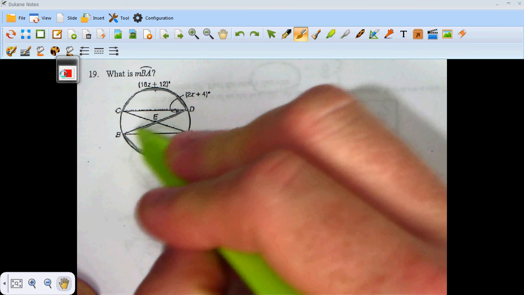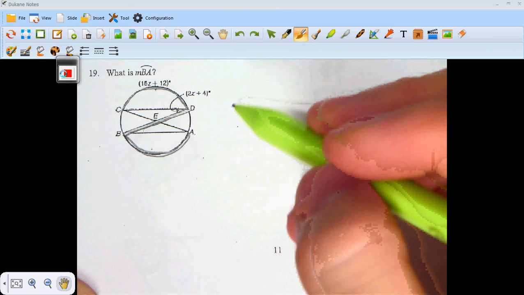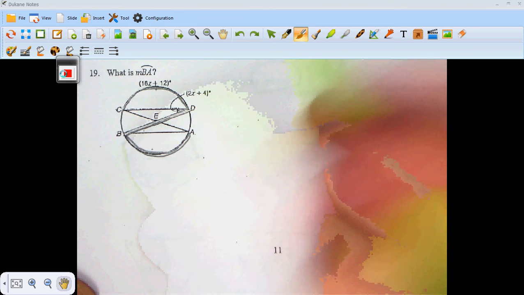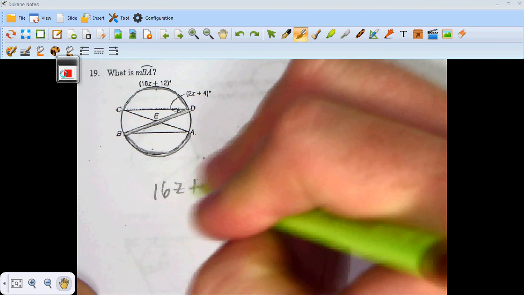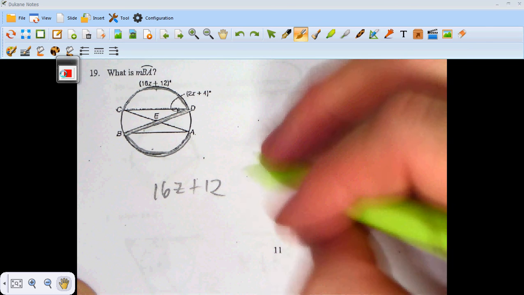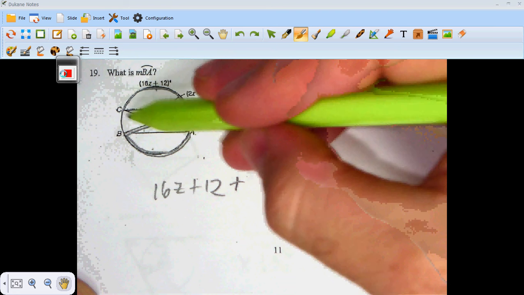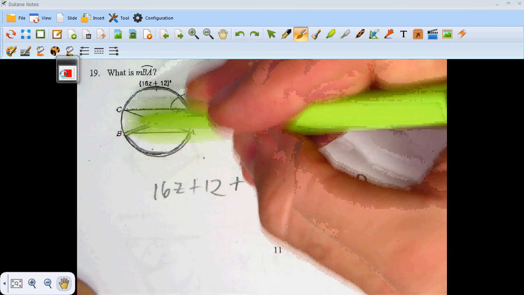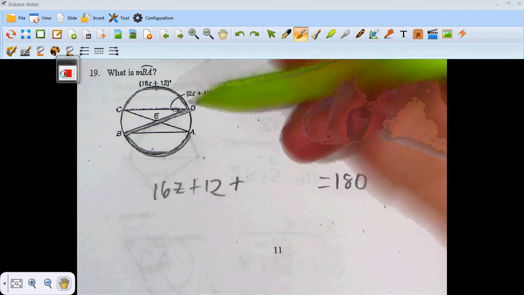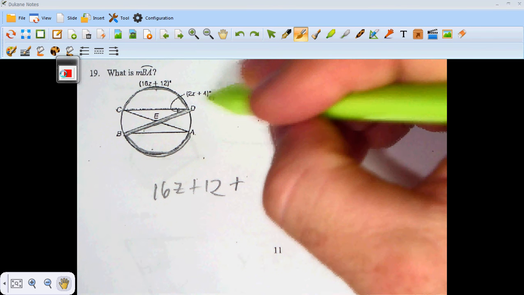So if I'm going to find it, I need to cut this circle in half. So I take 16Z plus 12 plus another angle to equal 180, because in order to go from D all the way to here, I got to take this arc and this arc. The only information I'm given is 2Z plus 4, this part right here.